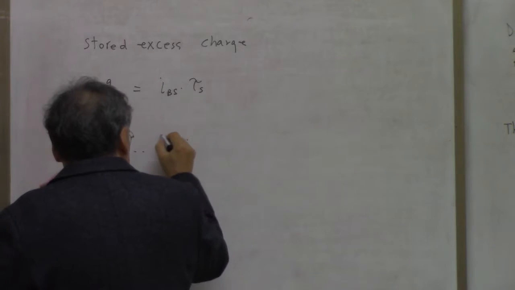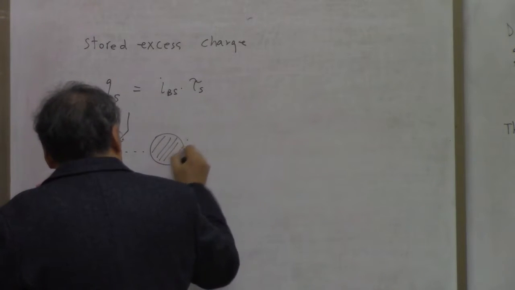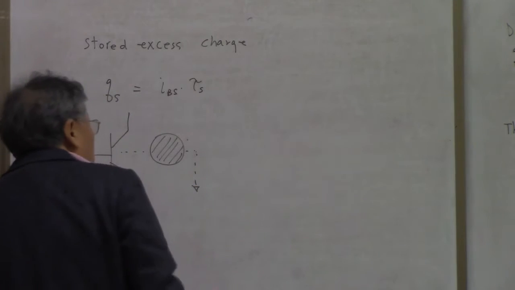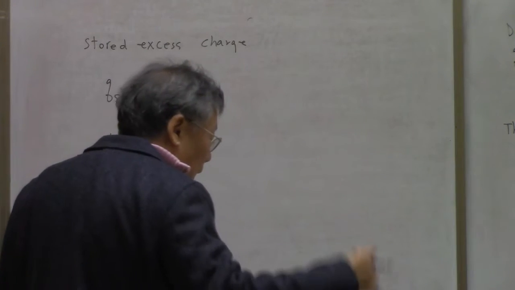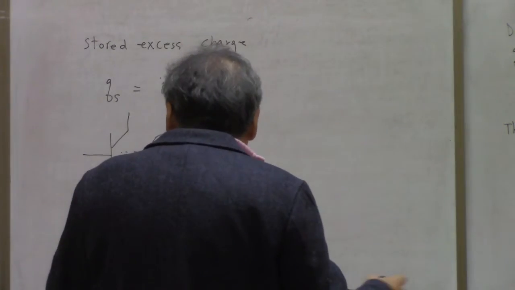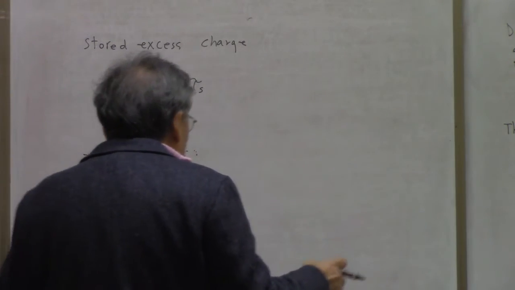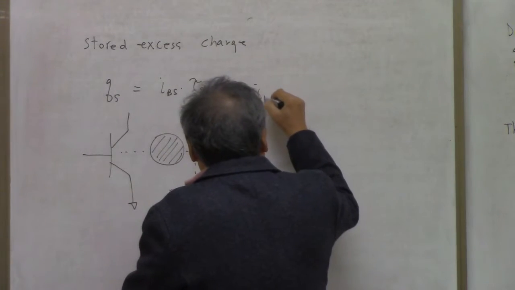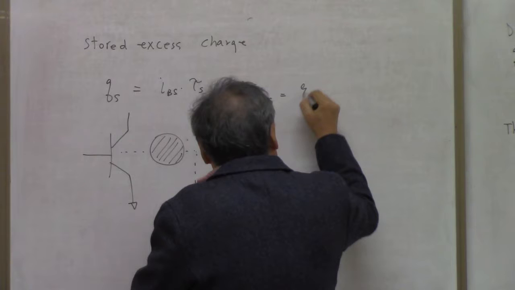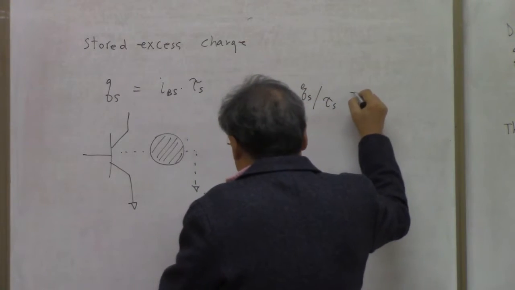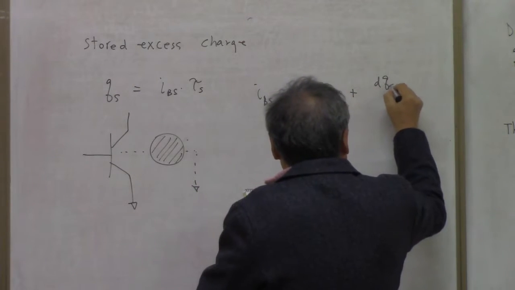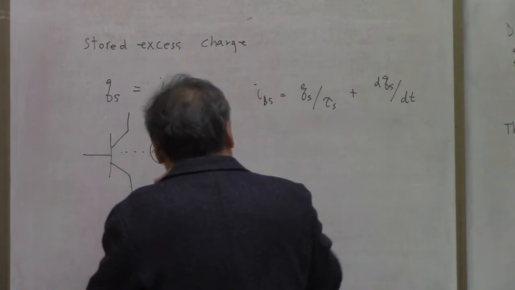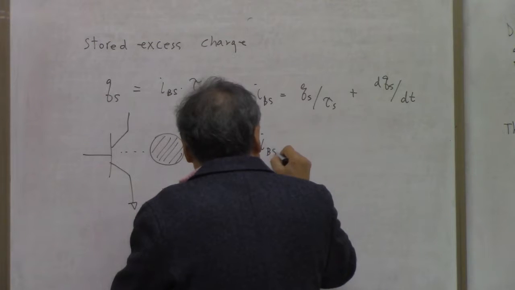And then in this situation, we have some extra charges on this bipolar transistor by applying the forward bias on the base-collector and base-emitter junctions. Okay? And then QS over tau S plus dQS over dt, the time-dependent term, and IBS.